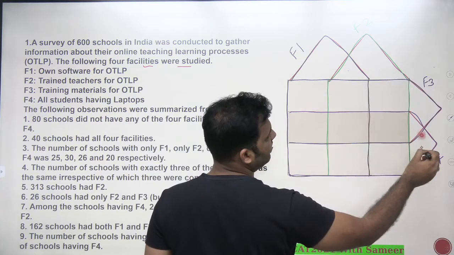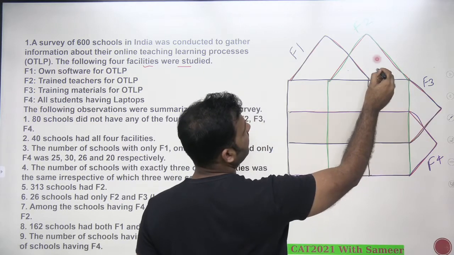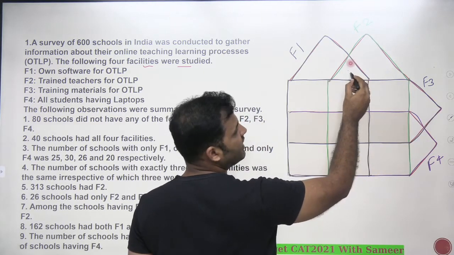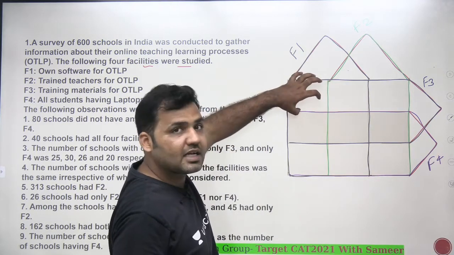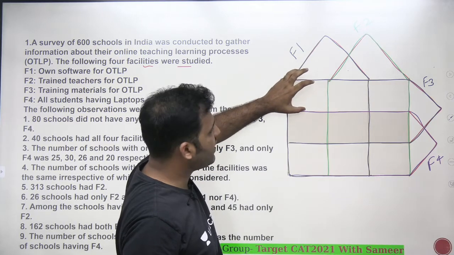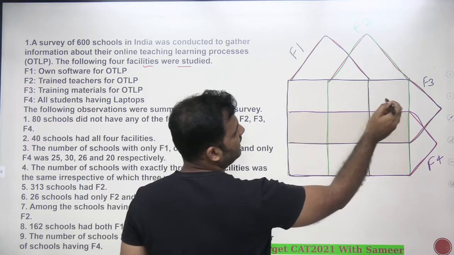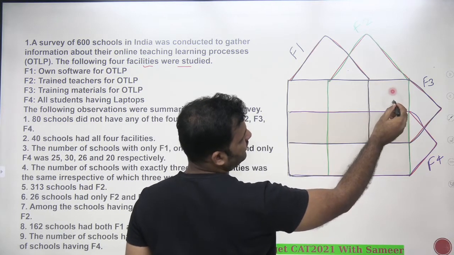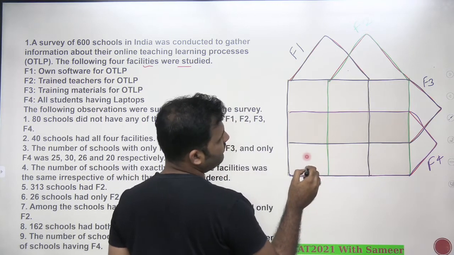And then you can see that if you look at this corner, this particular corner is coming under F1 and F3. This is the intersection of F3 and F2, as you can see. This is the intersection of F2 and F4. This is the intersection of F1 and F4, right?